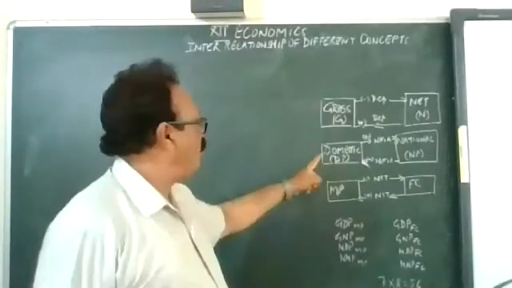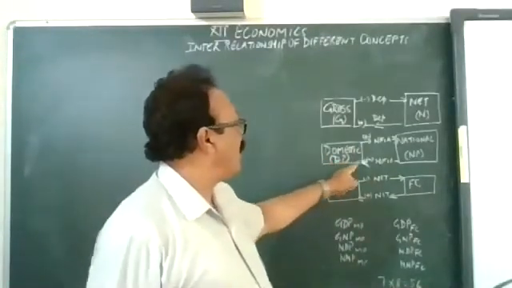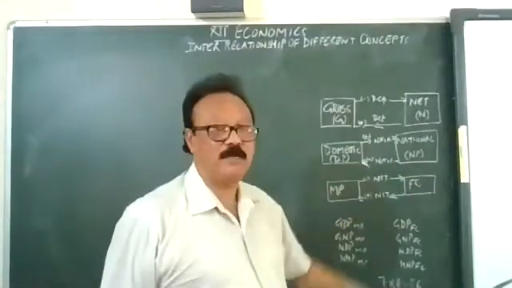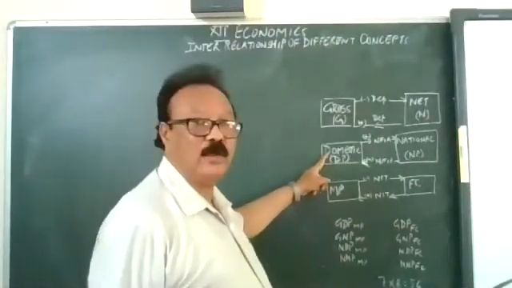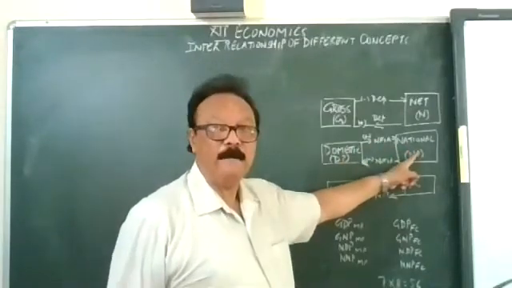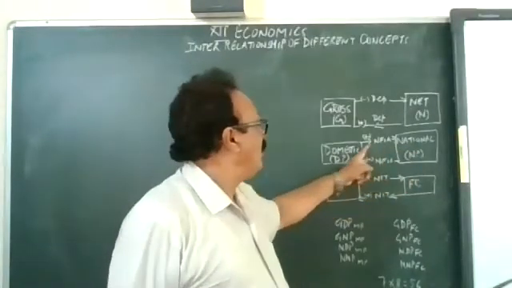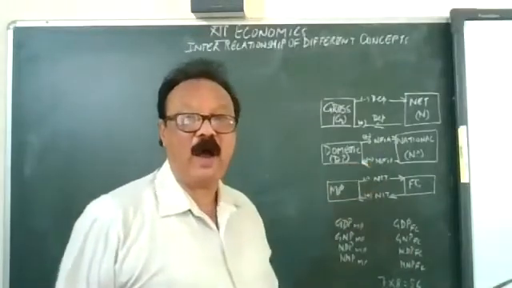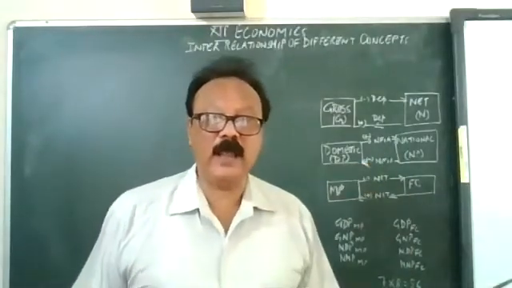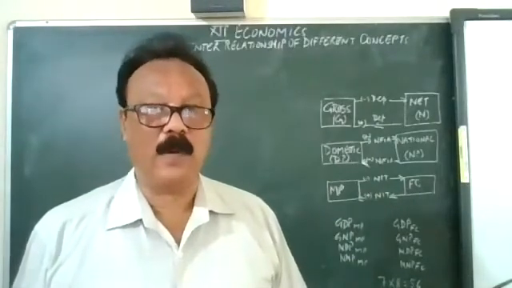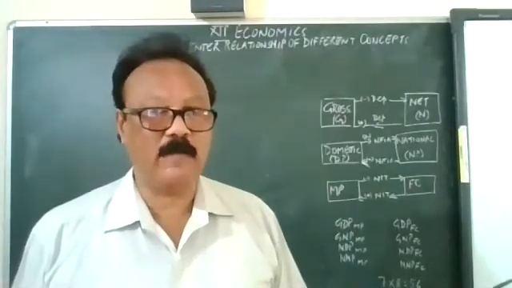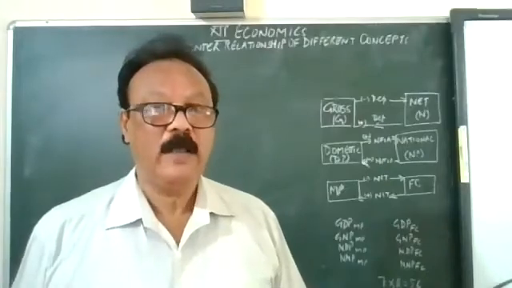Likewise, we have domestic product and national product. When we are going from domestic to national, we will add NFIA. What is NFIA? Net factor income from abroad. How is it calculated?